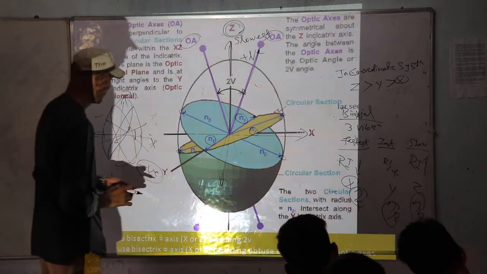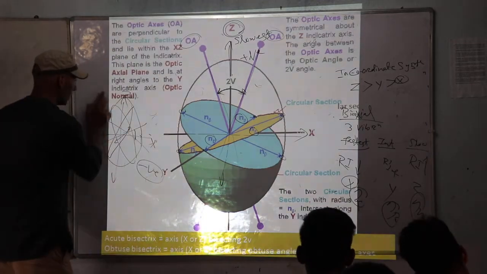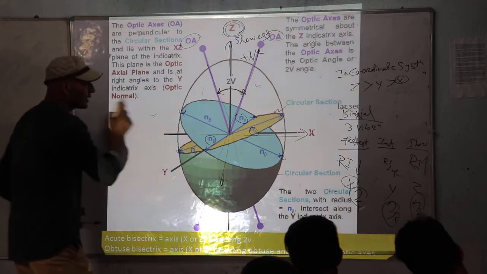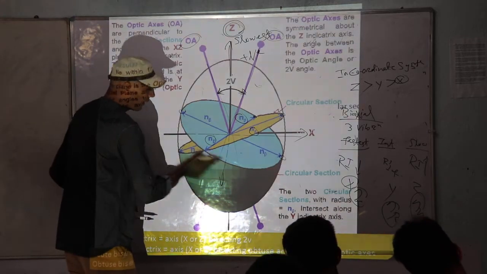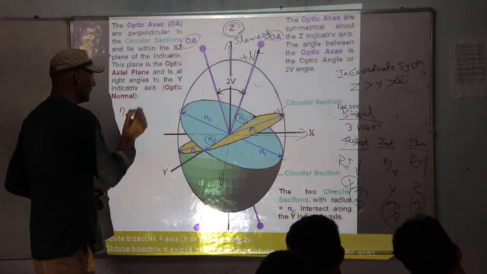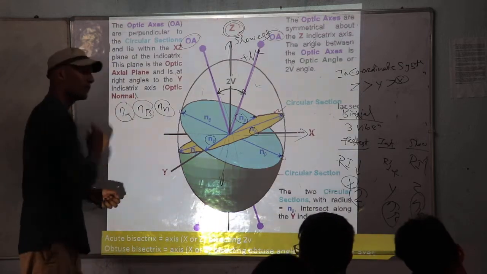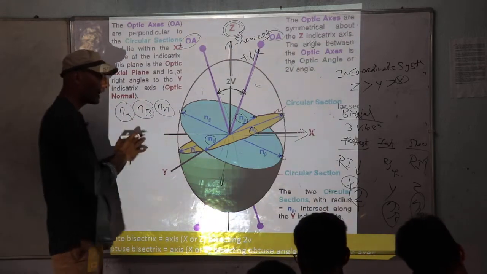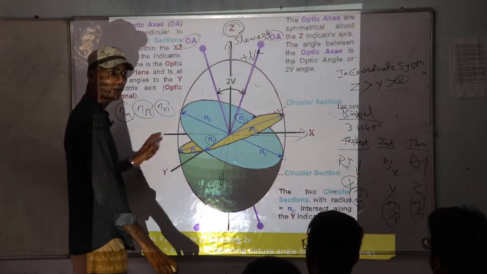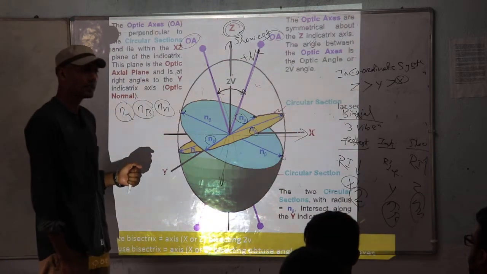There is a formula you can use to find whether the mineral is positive or negative if only three values are given: n alpha, n beta and n gamma. You can plot the indicatrix, or you can calculate whether the mineral is positive or negative.